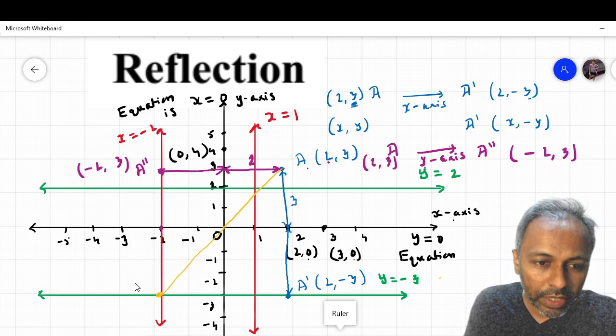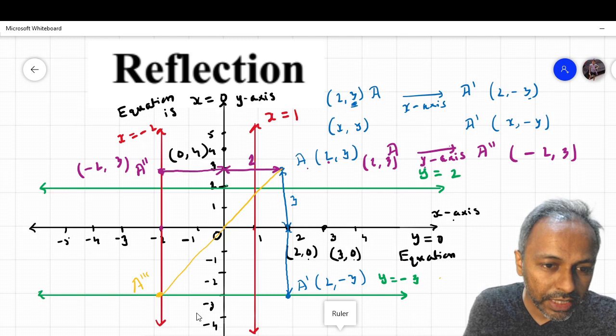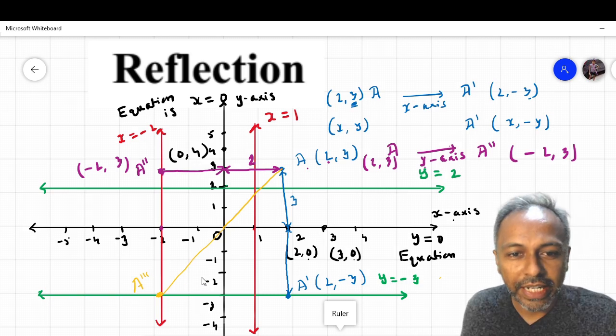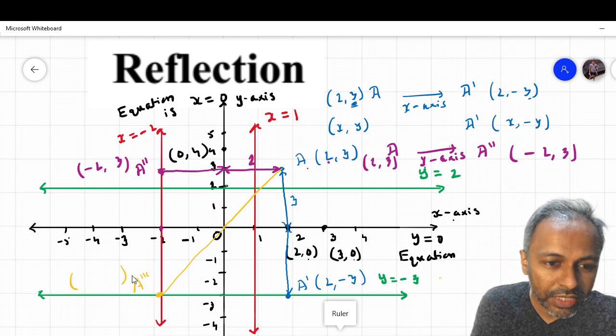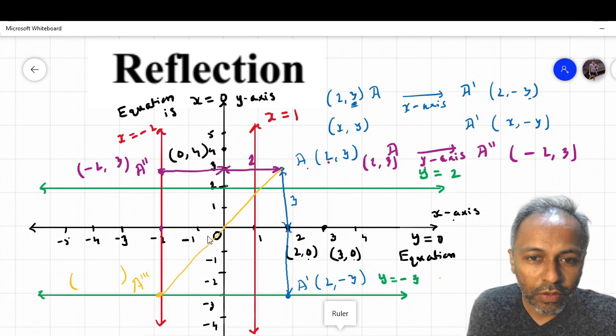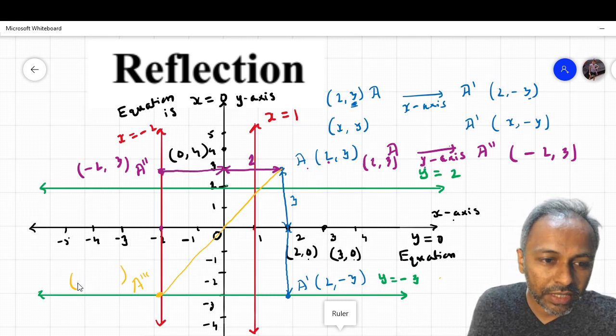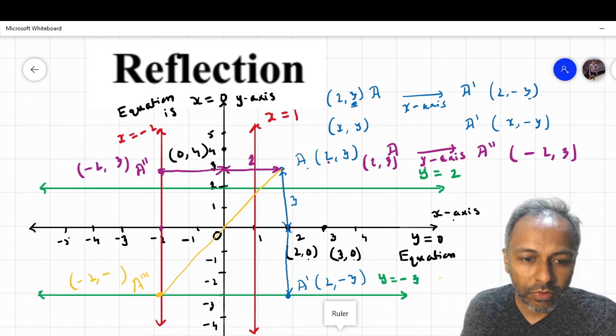Let us try to write the coordinate of this point, say A triple dash. It's looking very light, I hope you can manage this one. So the reflection of A (2, 3) is going to land you in the third quadrant, where the coordinate is becoming (-2, -3). So you have got the thing back.